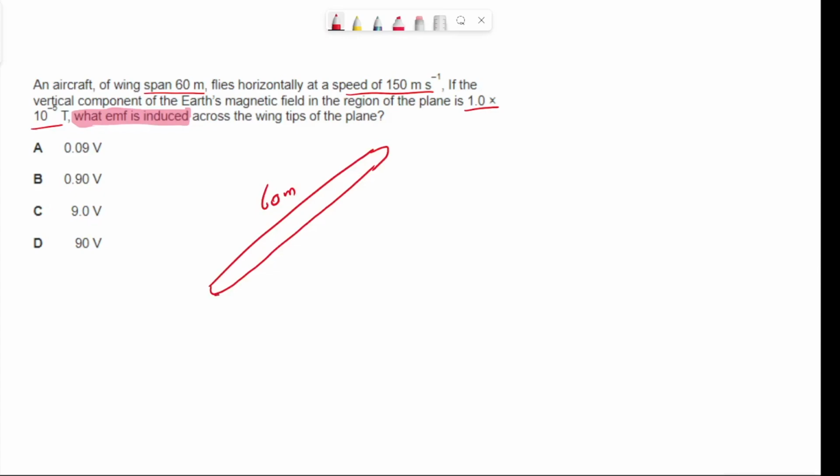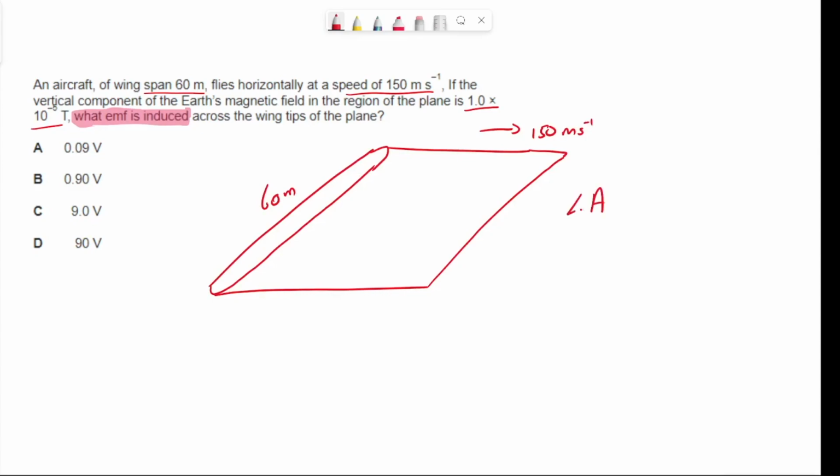However, if we consider that the aircraft moves at a speed of 150 meters per second, then the area covered per second, or delta A over delta T, is simply 60 times 150, and that gives us an area per second of 9,000 meters squared per second.